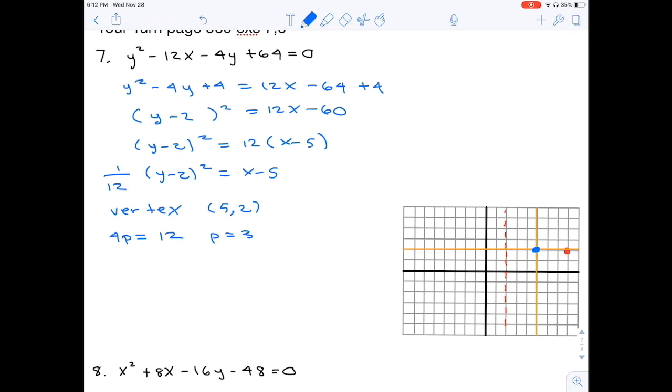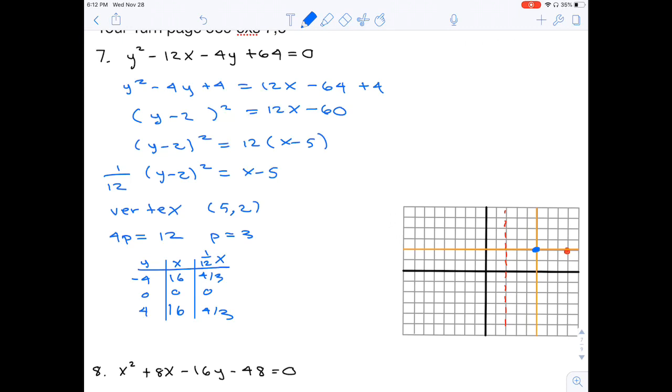Okay, time to make a table. And since it is horizontal, it's going to go y, x, and 1/12 y squared. And I'm going to use my normal numbers, negative 4, 0, 4. So 16, 0, 16, which is 4/3, 0, 4/3.